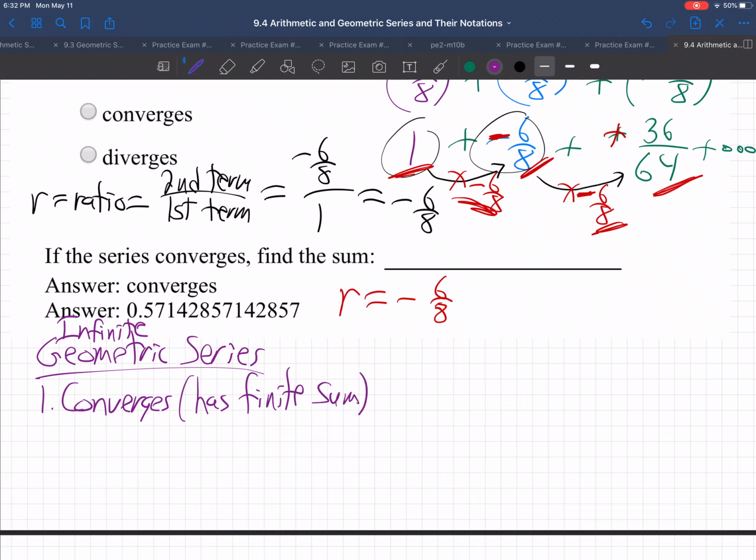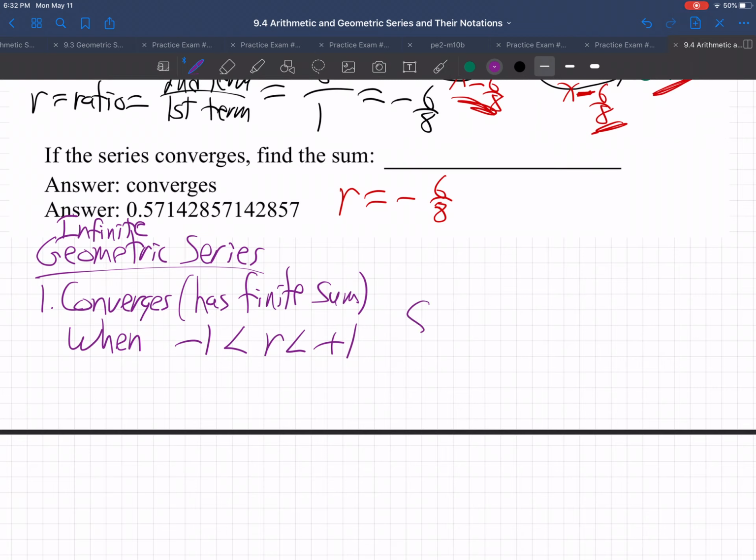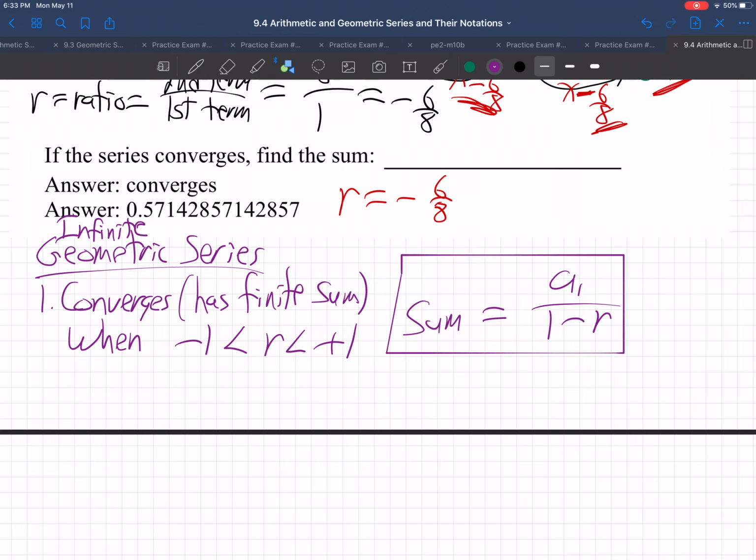Even though there's an infinite number of terms, it adds up to a finite sum when R is between -1 and +1. And the sum in that case equals A1 over 1 minus R. So that's the formula. But you can only use that formula when R is between -1 and +1.